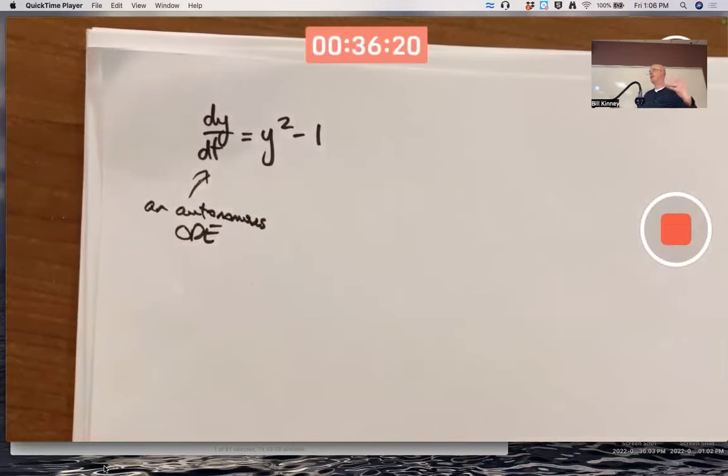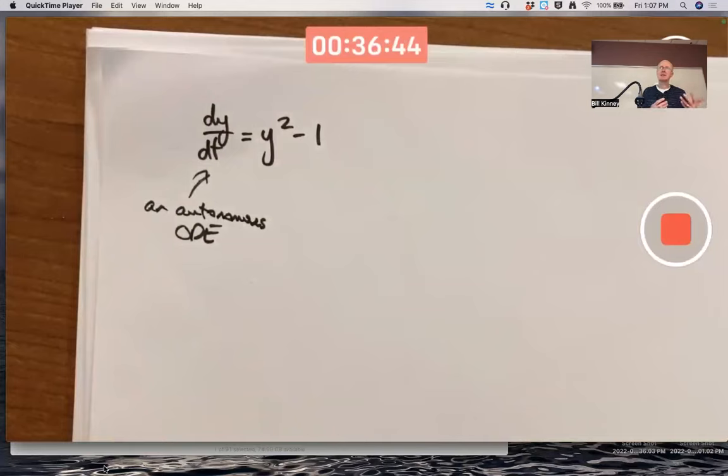In everyday language, the word autonomous kind of means independent, self-governing, like an autonomous region of some country. When you say it's an autonomous differential equation, you're saying the right-hand side is independent of time. It's not changing over time, so to speak, in value. It only depends on y.